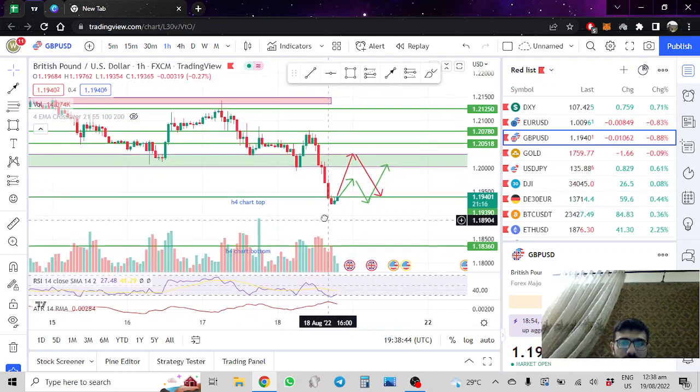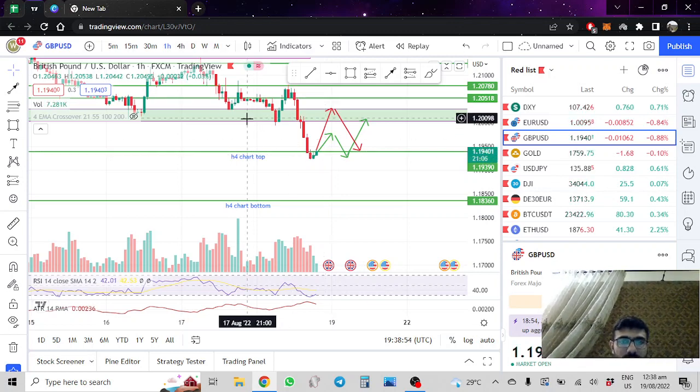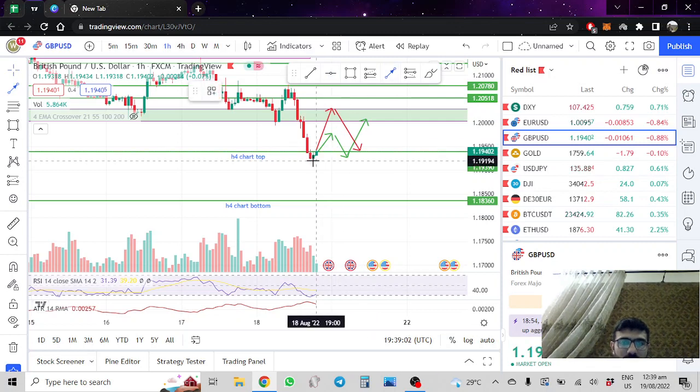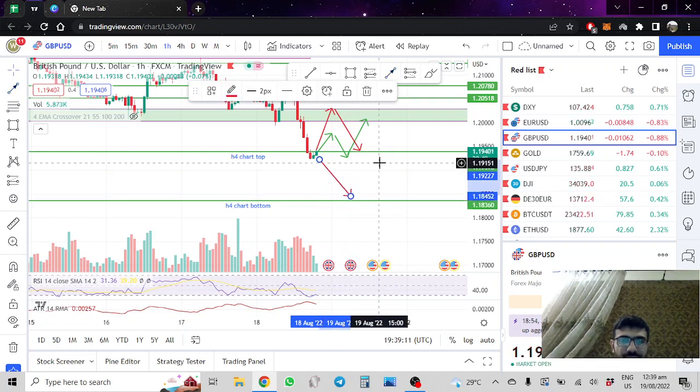Another thing you can do is make another level for you guys, but it is already marked, so there is no need for it. Another scenario would be if the market goes below this area, then you can maybe go short straight away till here.